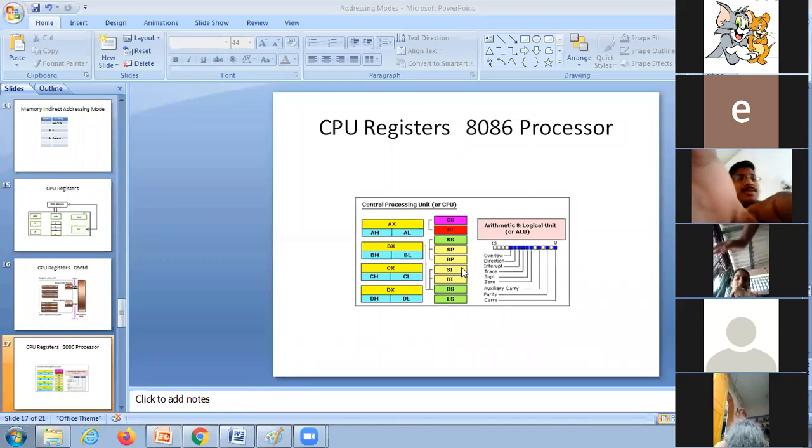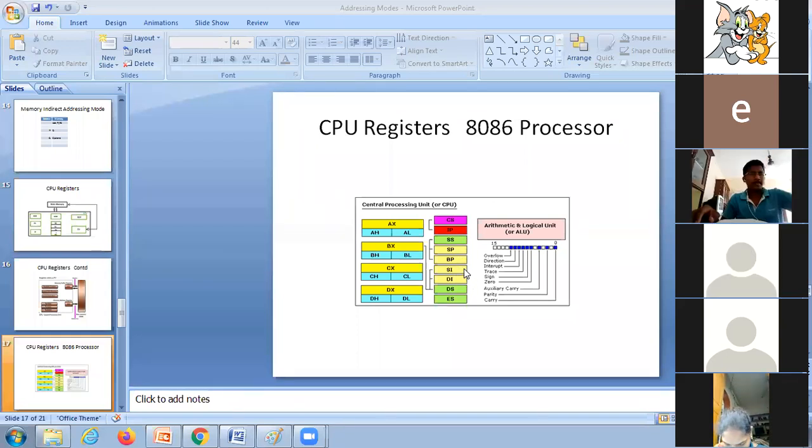All integers are stored in A0 to AN, for example. Similarly, that will be represented in assembly language by using these index registers, SI and DI. That is pointing to arrays. That is source index and destination index.